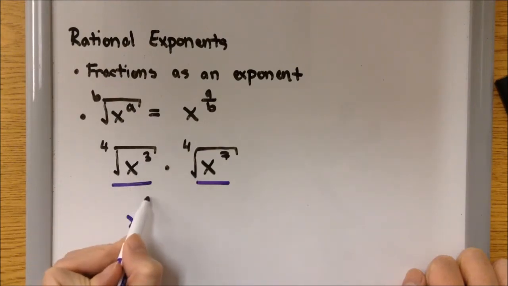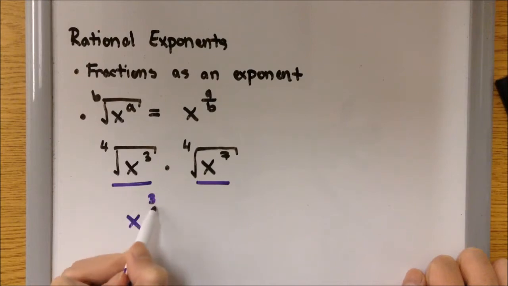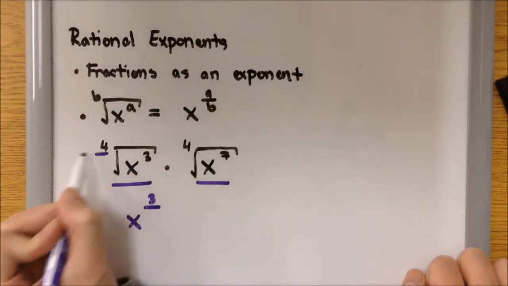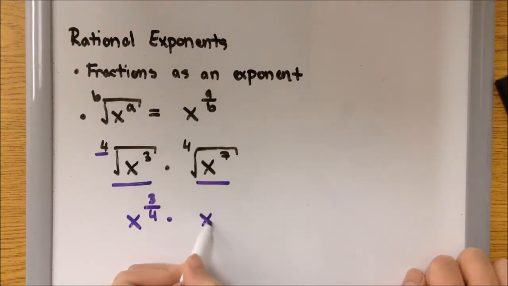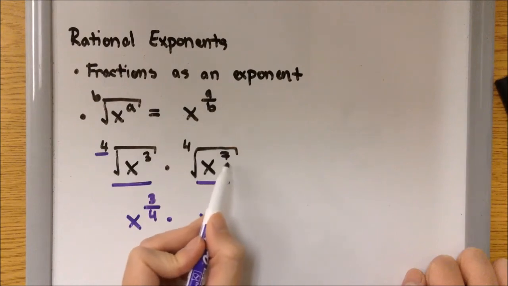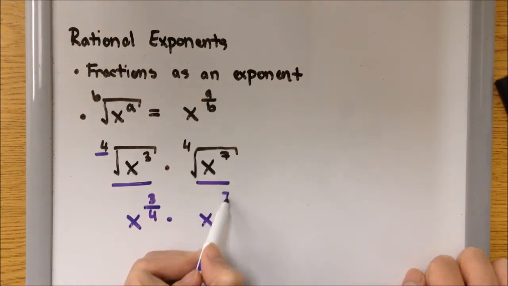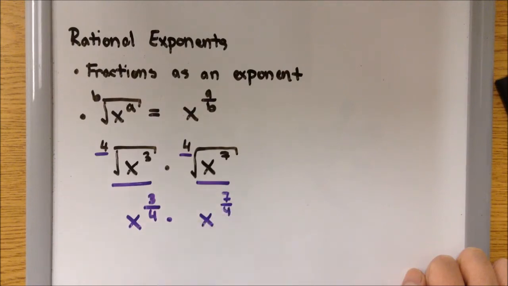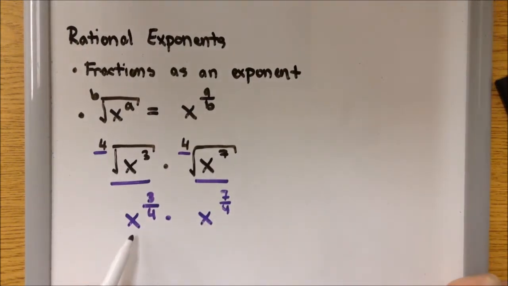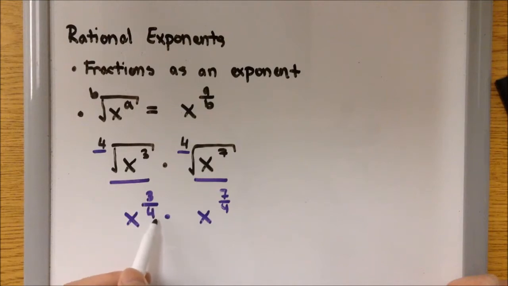What's inside will be on the top, so 3 as the numerator, over what's outside, which will be your denominator. Bring down the multiplication sign, write x again, that's our variable. Then what's inside will be the numerator, so 7. Outside will be your denominator, so over 4. So x to the power of 3/4 times x to the power of 7/4.